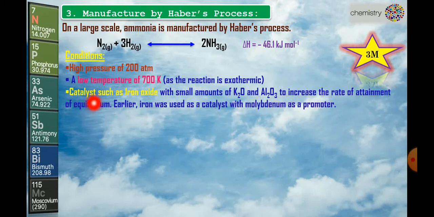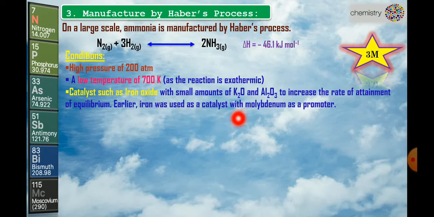Okay, the catalyst is iron oxide. In the earlier days, for the Haber's process, iron was used as a catalyst. Okay, in olden days, iron oxide was not used. Then what did they use? Iron. If you look at an old textbook, you will come across iron as a catalyst in old textbooks. Okay, but nowadays iron oxide is used because it's a better catalyst than iron.